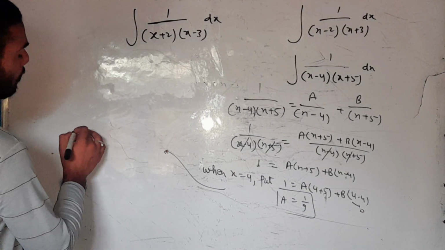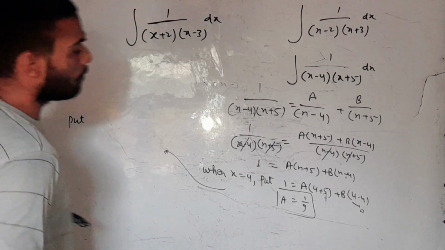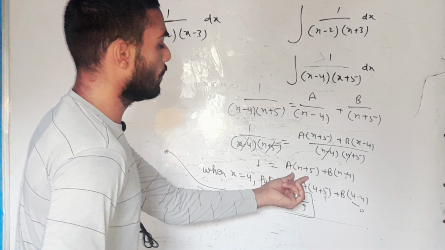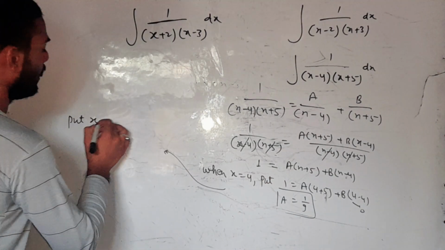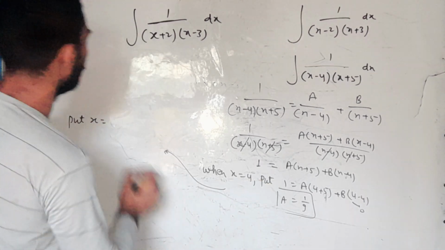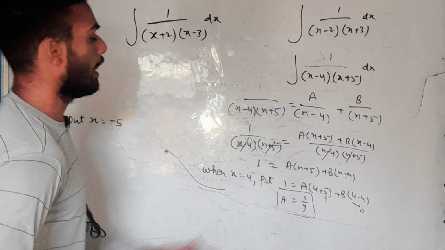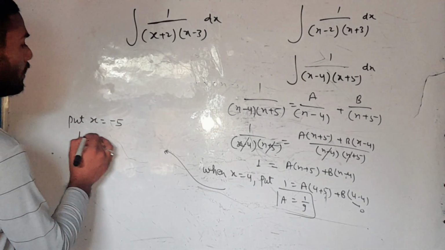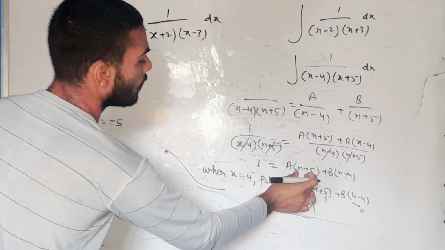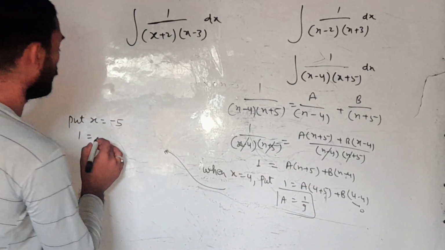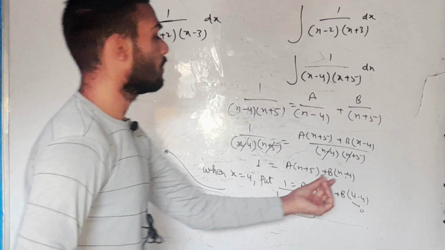Now put x equal to minus 5 in this equation. This term will be 0, plus B(minus 5 minus 4).